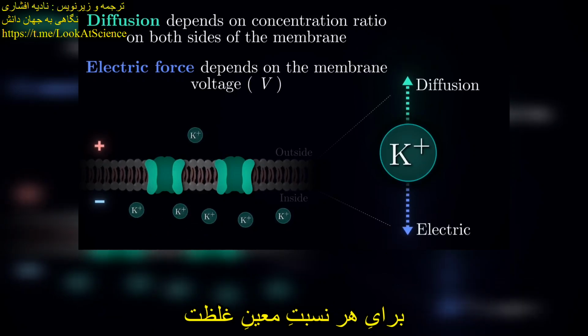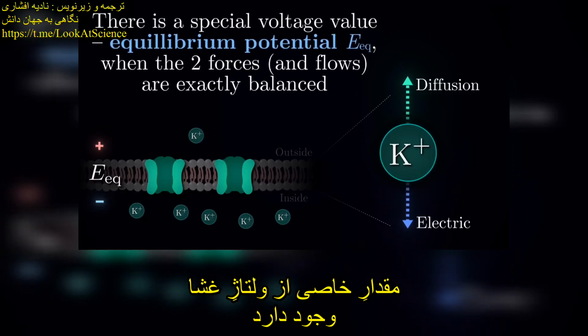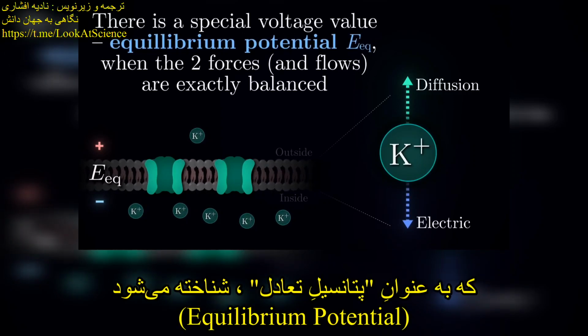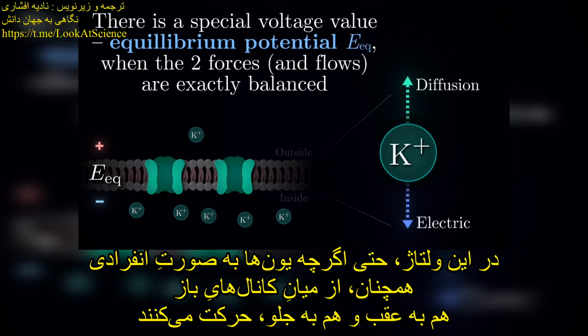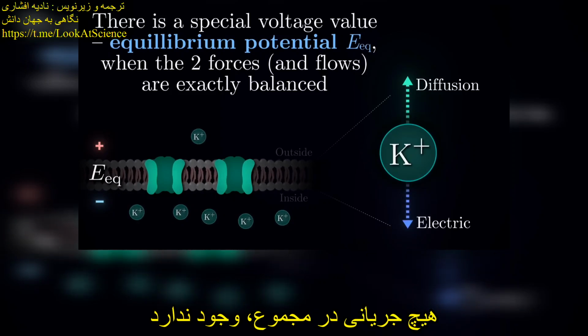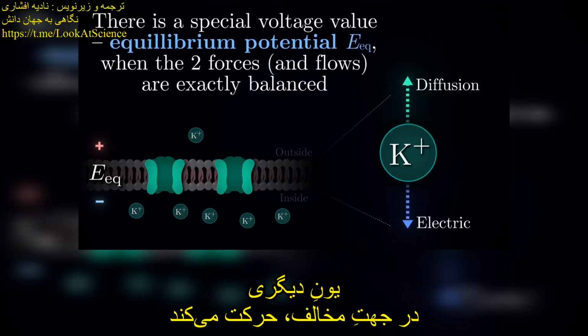For any given concentration ratio, there exists a special value of membrane voltage, known as the equilibrium potential, where the electrical force exactly balances the diffusion force. At this voltage, even though individual ions are still moving back and forth through open channels, there is no net flow. For every ion that moves in one direction, another one moves in the opposite direction.